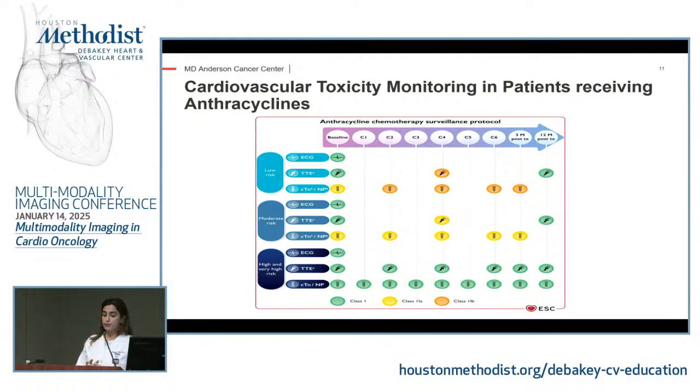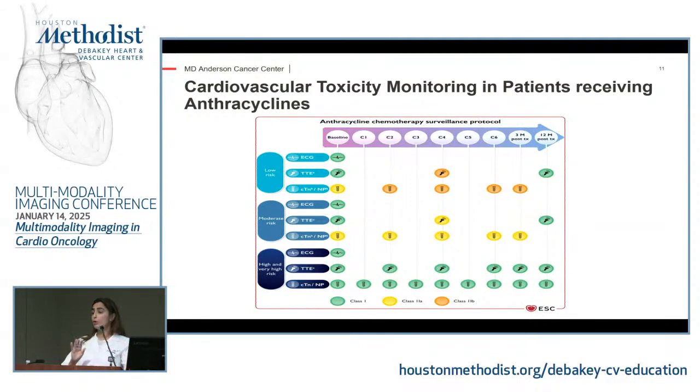So when we talk about the different monitoring, especially echocardiographic assessment for these patients, the consensus guidelines now recommend also risk stratifying the patients. The low-risk and intermediate-risk patients undergoing anthracycline-based therapies are very different than those high-risk patients. Usually we advocate for a baseline echo and then a post-treatment echo at 12 months.